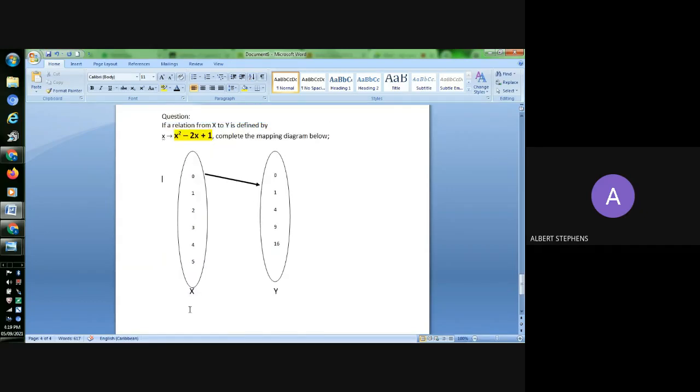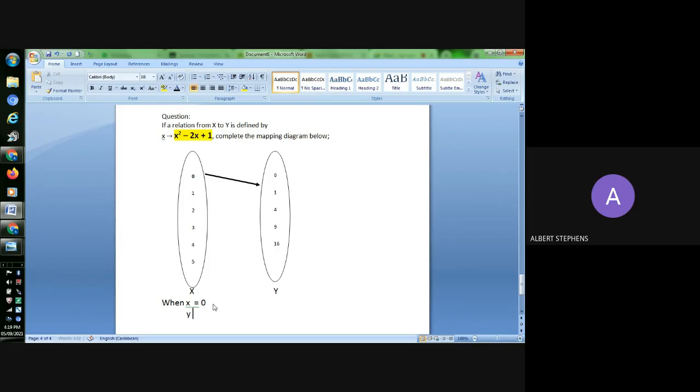So basically, when x is equal to 0, I'm talking about this 0 here. Remember, on the left hand side would have been the x values, not true? So when x is equal to 0, let's call it y.